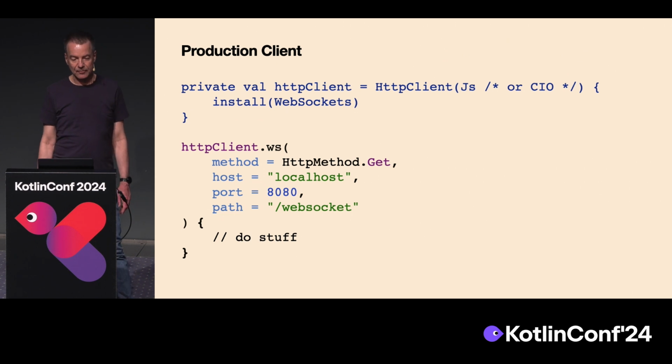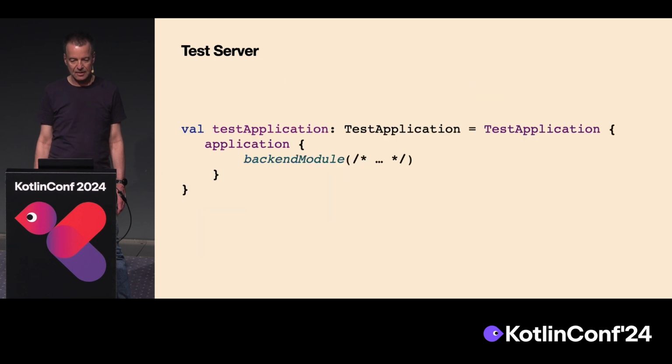Yeah, and let's see how we can replicate all this on our test system. Again, easy with Ktor. We can use Ktor's test application, a standard function, and then configure it with the same backend module function we've been using for production. So we don't need to configure any networking.